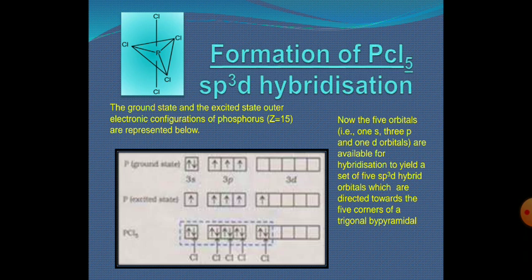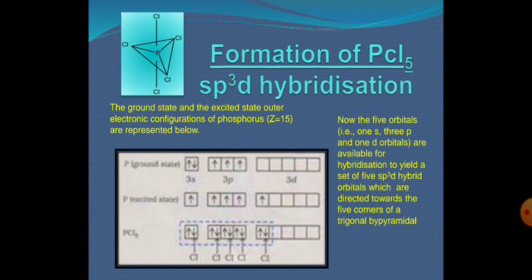Phosphorus in ground state electronic configuration is 1s2, 2s2, 2p6, 3s2, 3p3. But here 3s2, 3p3 is what we are going to consider for the formation of PCl5.